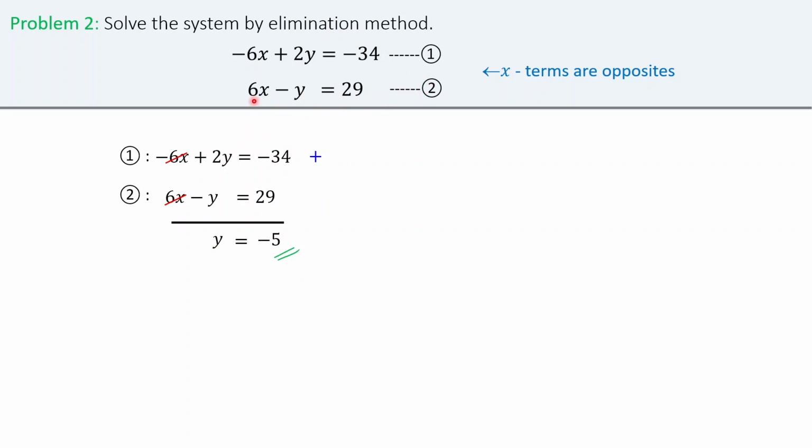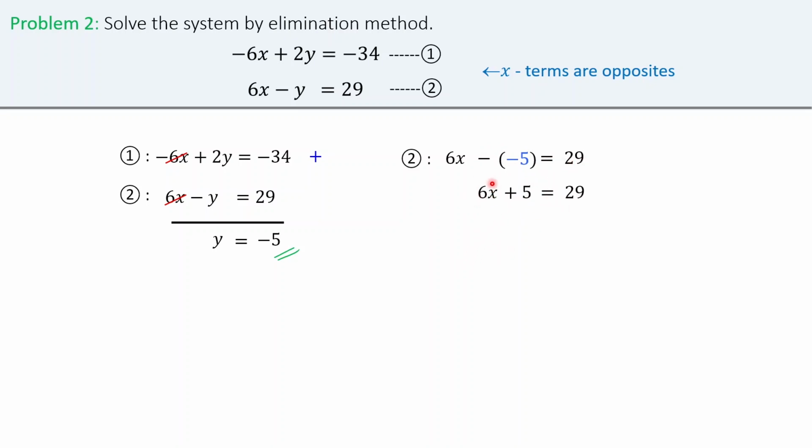I am going to pick equation 2, 6x minus, substitute negative 5 for y, is equal to 29. 6x minus negative 5 is positive 5, is equal to 29.